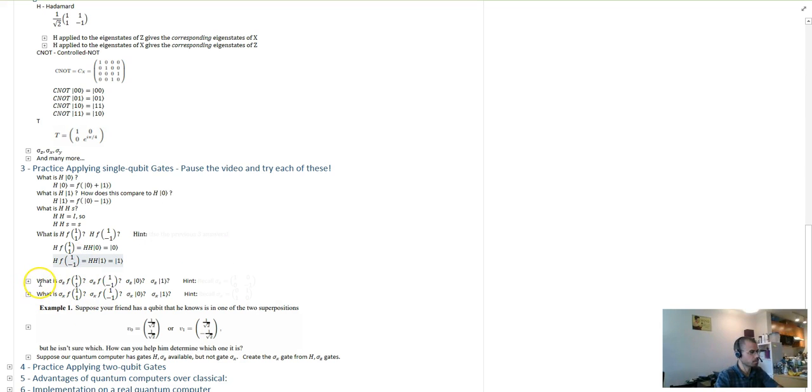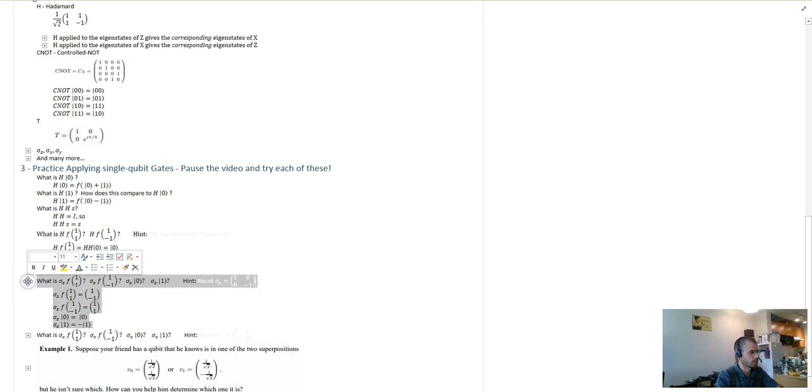Cool. Now, if we apply spin z to this state, what do we get? If we apply spin z to that state, what do we get? If we apply it to this and this, what do we get? And it might be helpful to remember that. So pause the video and figure it out.